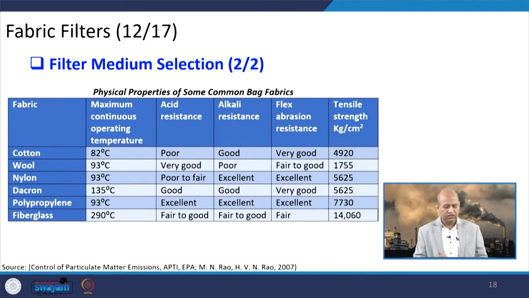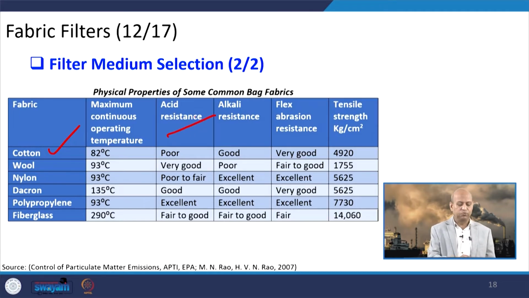So, if we see this table, this gives the physical properties of some common bag house fabrics, like cotton. For cotton, the maximum continuous operating temperature could be 82 degrees Celsius. Beyond that, fire will be there. So, we cannot increase the temperature beyond 80 or 82 degrees.